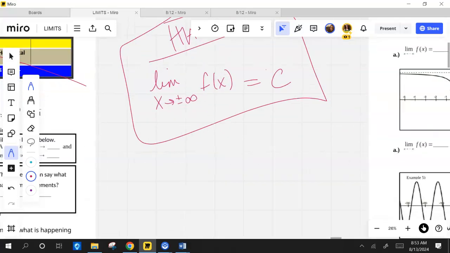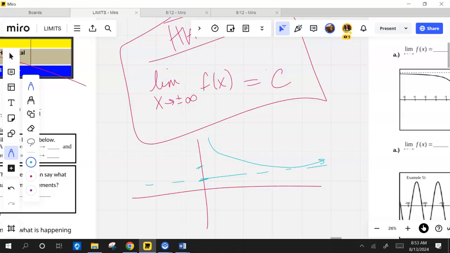Think about what that looks like on a graph. What's the limit as x approaches infinity? 1, because it's getting closer. That's a horizontal asymptote. Everybody okay? So if I approach a constant and I get infinity, I'm a vertical asymptote.